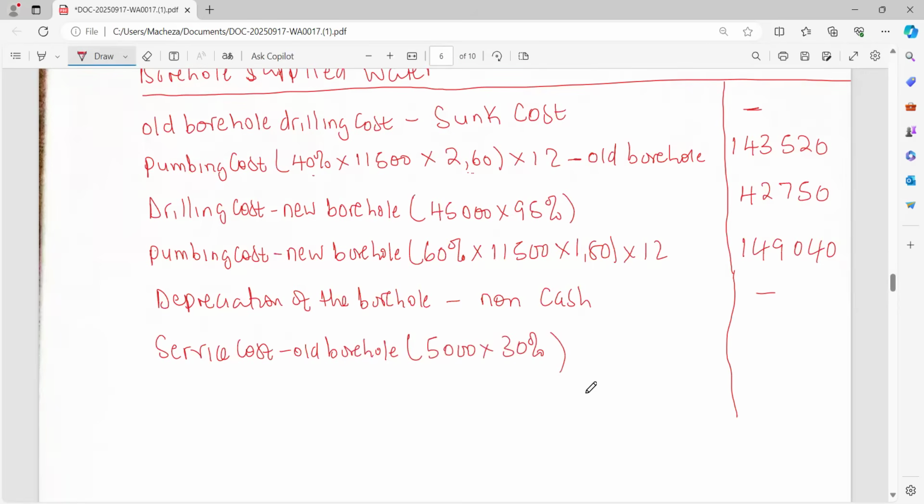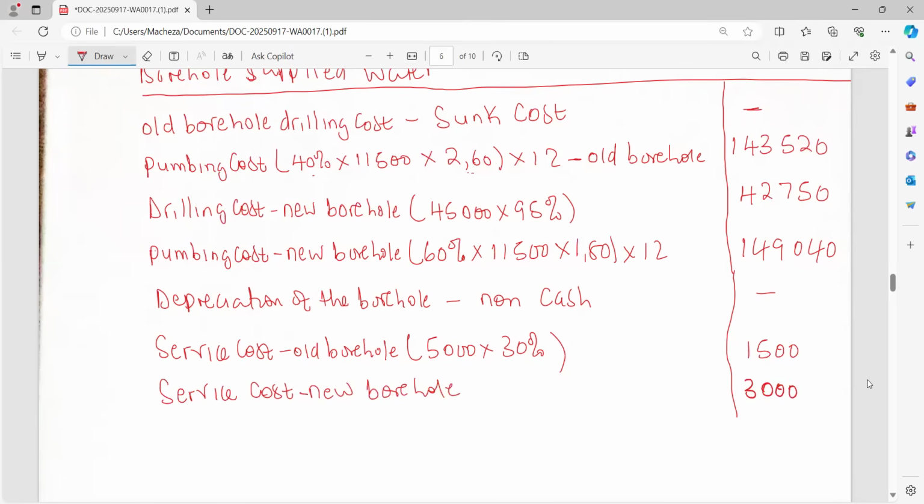It's going to be 1,500. Then the service cost for the new bore is 3,000. So this one is going to be 3,000.